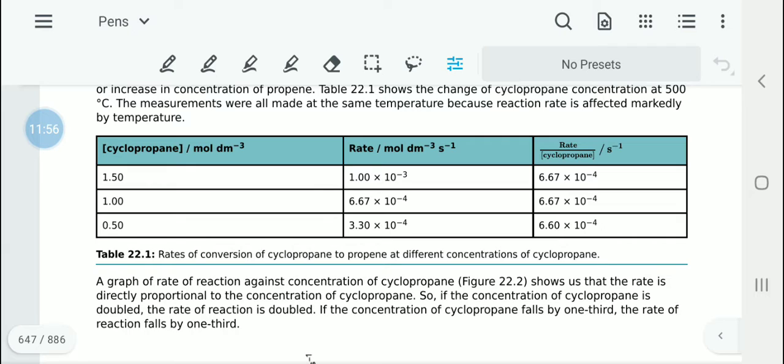When these values are obtained and rate calculated, we will observe that the rate upon the concentration of the product or the reactant being considered would have a constant value.